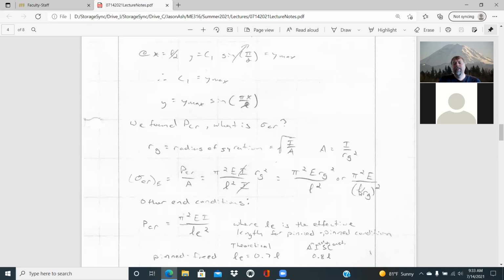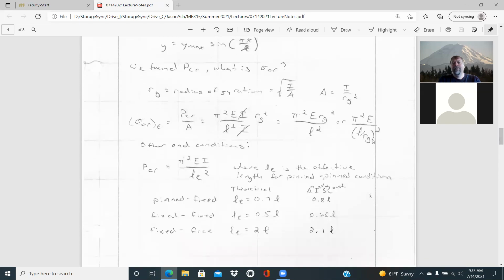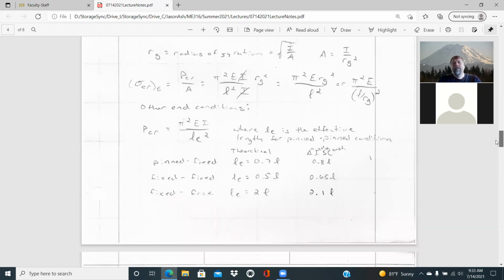To simplify that, instead of placing the radius of gyration up above, we just divide it through on the bottom from L, so L over R_G quantity squared. This is defined as the slenderness ratio, looking at the ratio of the length to the radius of gyration. I think we'll see that in the notes coming up.